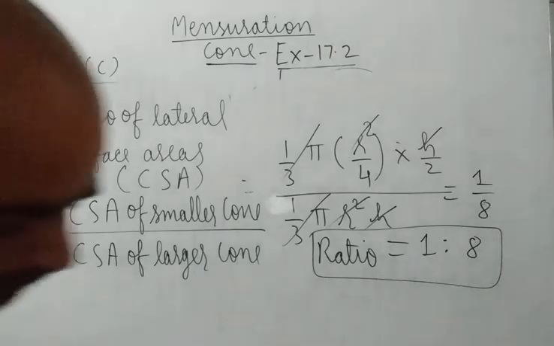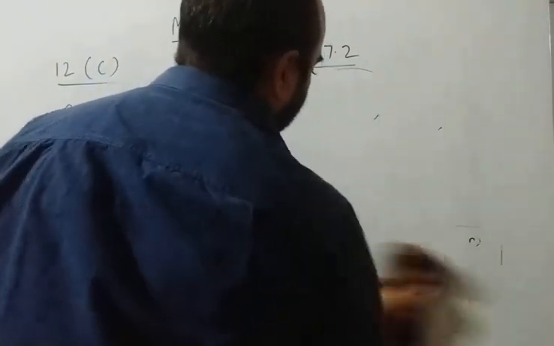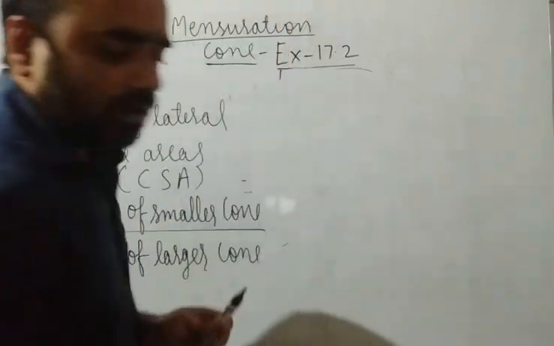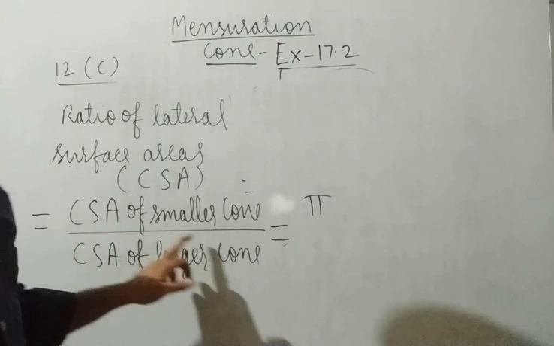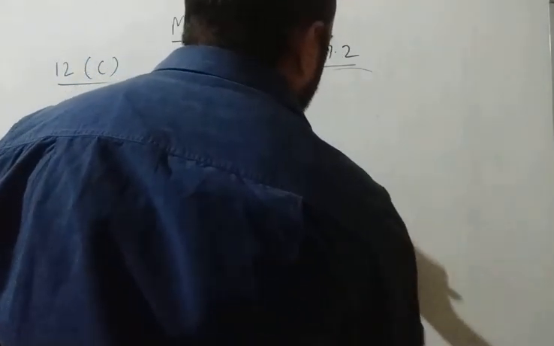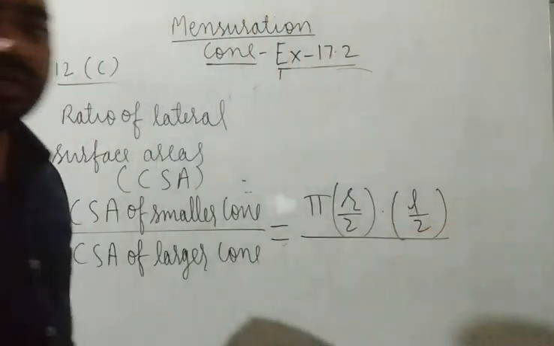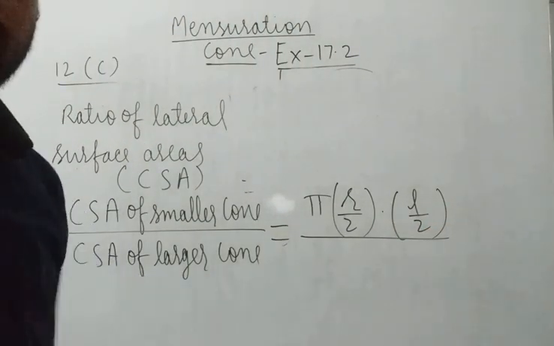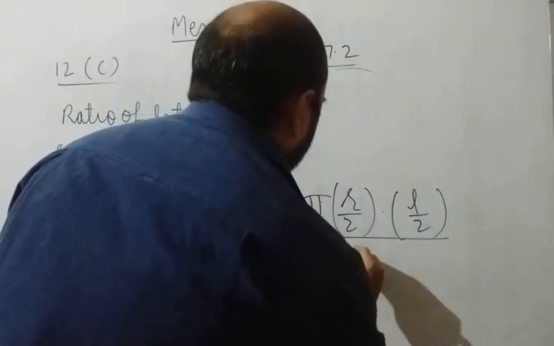Correct? So, curved surface area formula is pi RL. Radius of a smaller cone is r by 2 and slant height of a smaller cone is also L by 2. Correct? Pi r by 2, L by 2. And larger cone, it is pi r L.